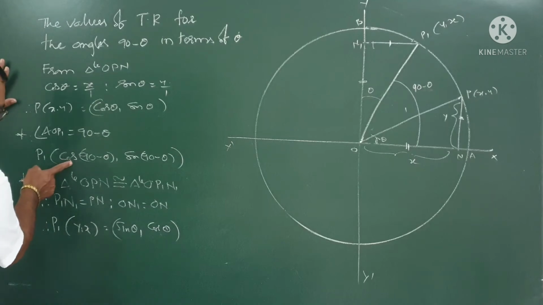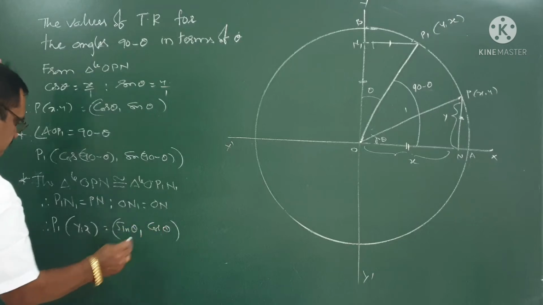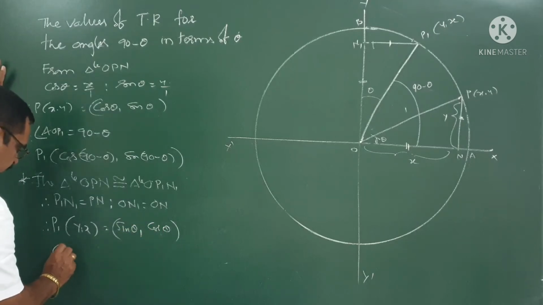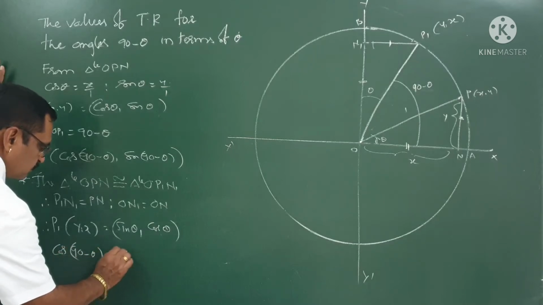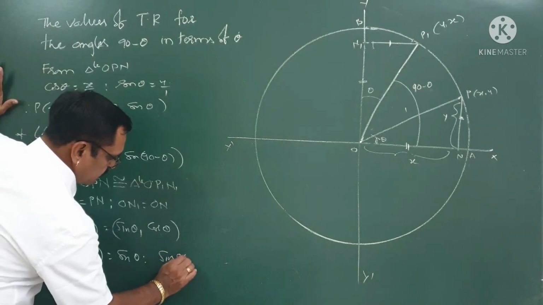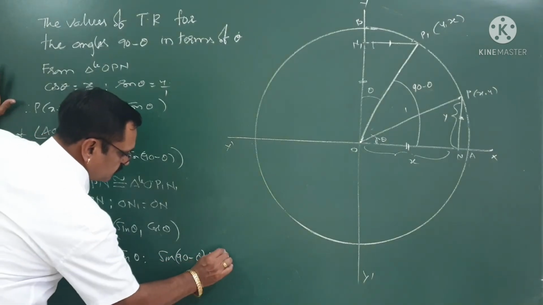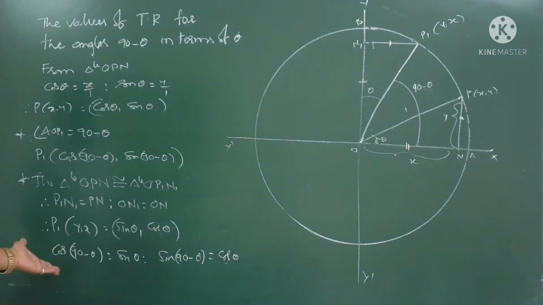Therefore, cos of 90 minus theta will become sin theta, and sin of 90 minus theta will become cos theta. Based on it, you can find tan of 90 minus theta, cot of 90 minus theta, secant of 90 minus theta, and so on.